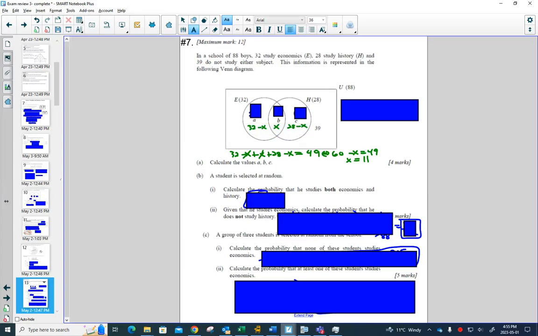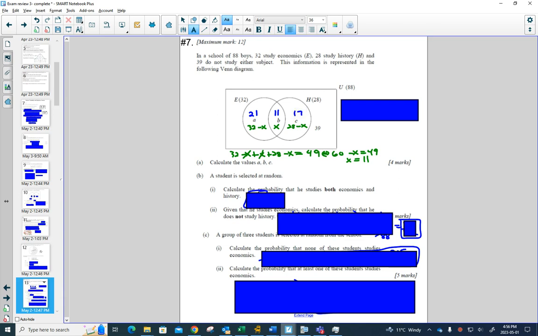We can choose a value like the middle is going to be X. And then since A and B is 32, this will be 32 minus X. And since B and C is 28, that'll be 28 minus X. If you add these all together and solve, the 32 minus X plus the 28 minus X has to equal the values there, and you can solve for this equation.